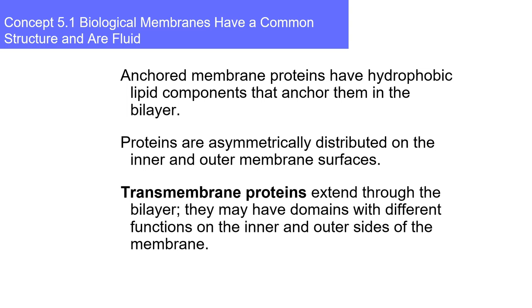Now, proteins are asymmetrically distributed on the inside and the outer membrane surfaces, so they're not in equal amounts. Some proteins are more abundant on the outside of certain cells and more abundant on the inside of other cells. Now, transmembrane proteins are like these integral proteins. They go through the bilayer, meaning they have inner and outer parts of the membrane that are polar with a region in the middle that has to be nonpolar.